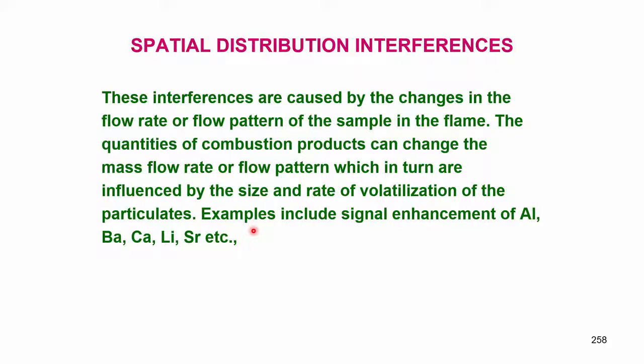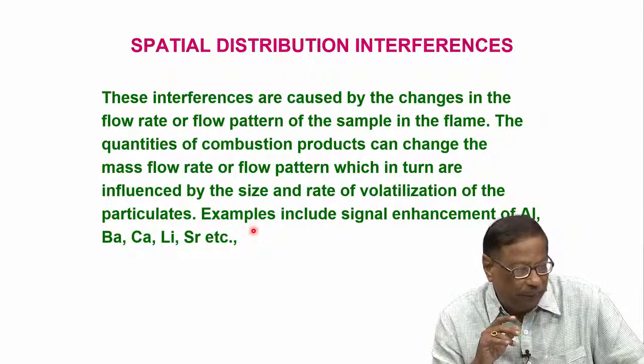Examples include signal enhancement of aluminum, barium, calcium, lithium, strontium, etc. So, the formation of combustion products into molecular species can change the absorbance, either enhancing the signal of aluminum and other elements, or leading to a decrease also.